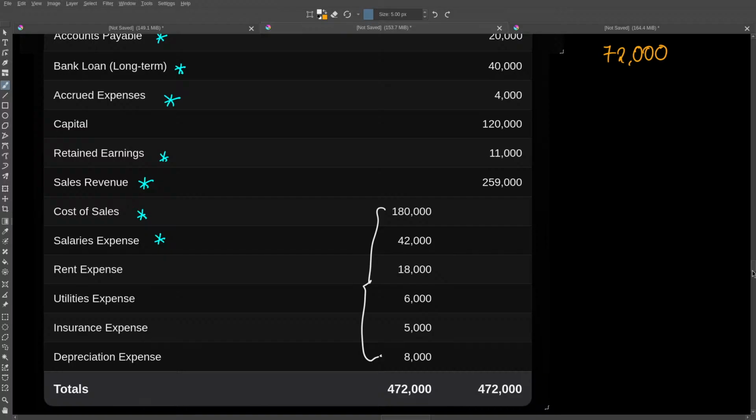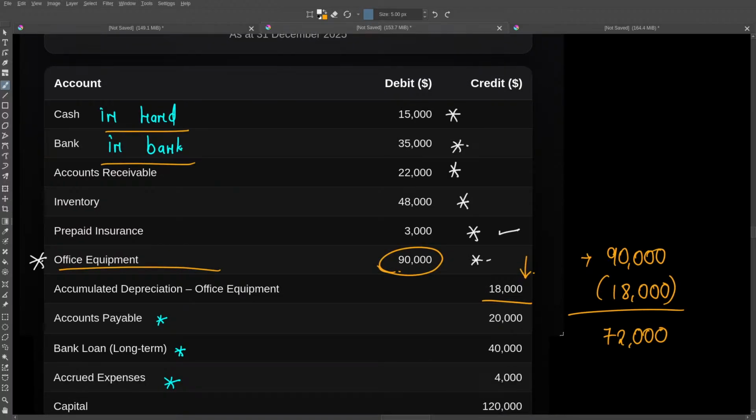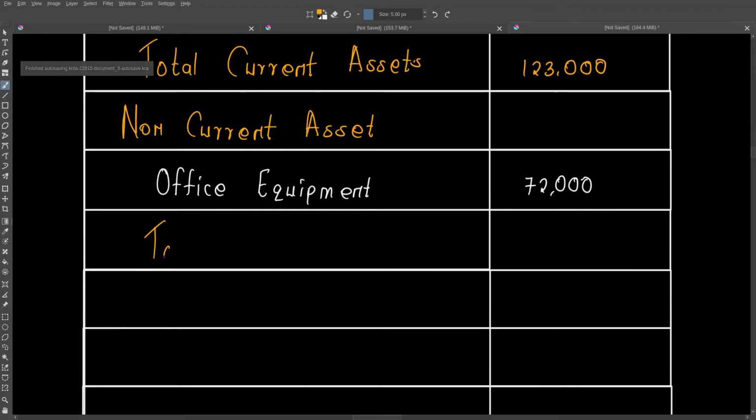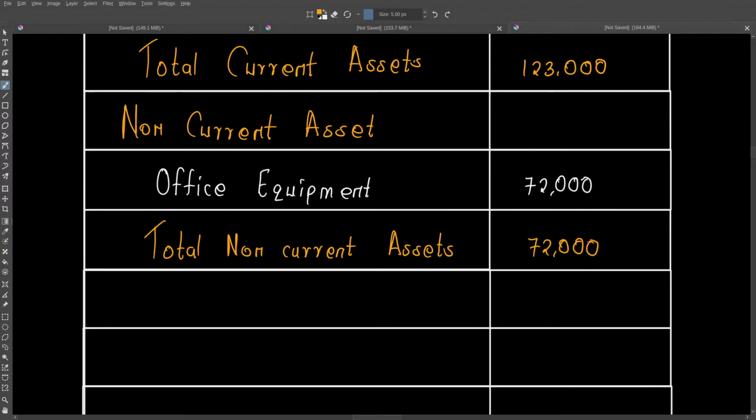Other non-current assets include motor vehicles, furniture and equipment, but this company only has office equipment. So the total non-current assets are 72,000.